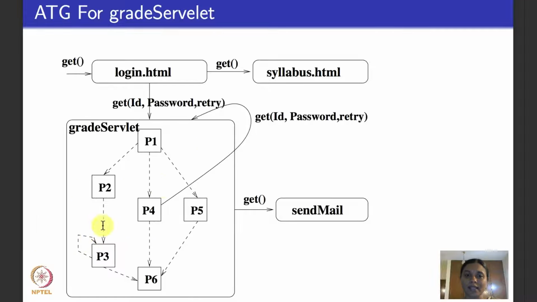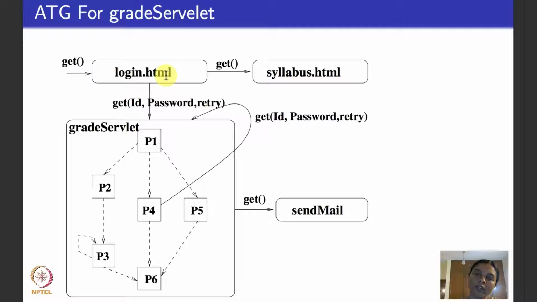And inside this ATG, in one of the pages, Great Servlet, in one of the components, Great Servlet, we have actually sort of zoomed in and looked at the CIM model, which I discussed to you. Similarly, you could have another CIM model here inside send mail, because this could also be a dynamically generated server code. But this is probably static because it just prints the syllabus, and this could probably have a form.